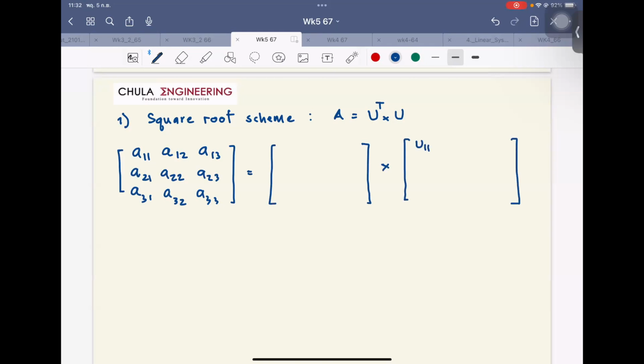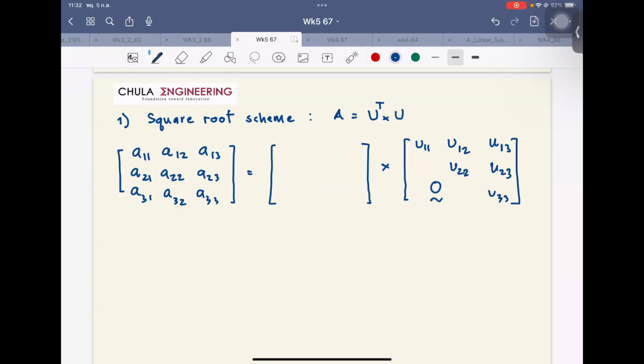Now U is upper triangular: U11, U12, U13, then U22, U23, and U33. You can observe that the second index is larger than the first index. All zero below the diagonal.